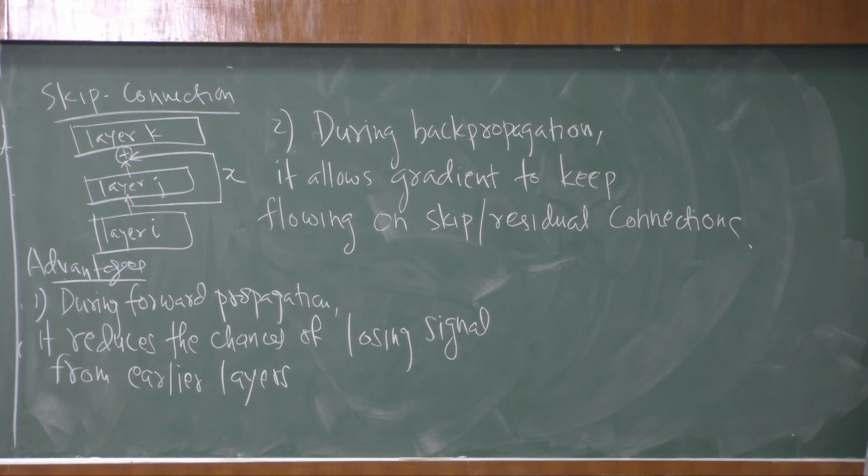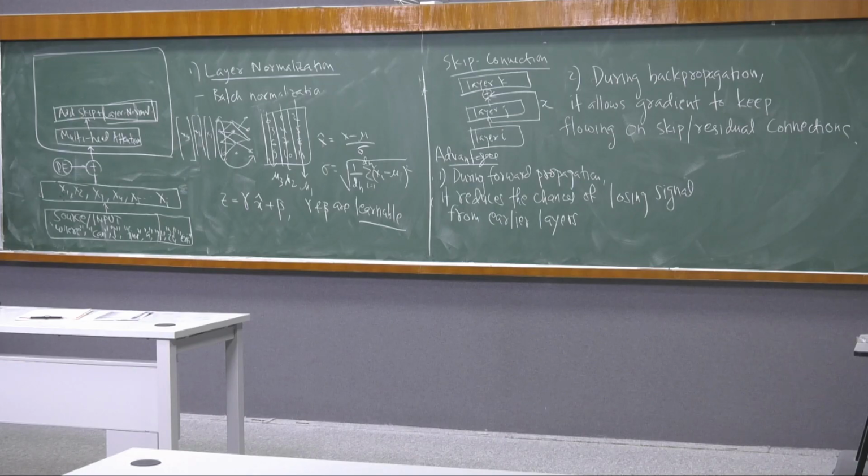And so with this, we can complete this diagram. Basically, there are skip connections and layer normalizations, and this is all part of the feed-forward neural network.